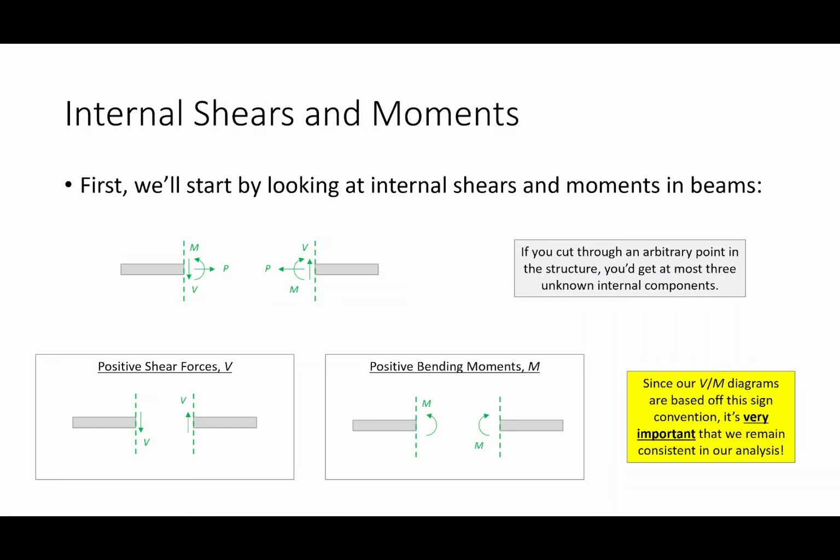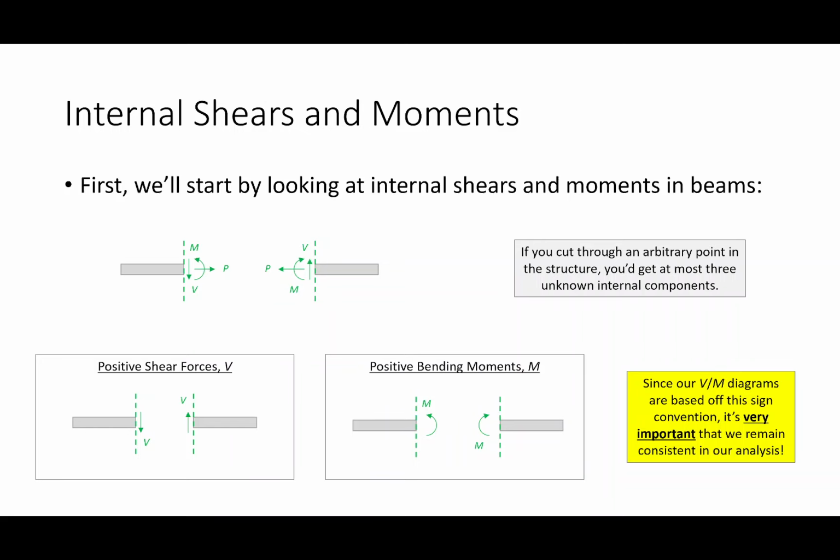It doesn't matter if I look at this side of the table or this side of the table, it's equal magnitude, opposite direction. But we do have to pick a sign convention and accept it as either positive or negative. And I propose that this is the positive sign convention for shears, and this is the positive sign convention for moments. Admittedly, when we were analyzing trusses, we could be a little loosey-goosey with this.